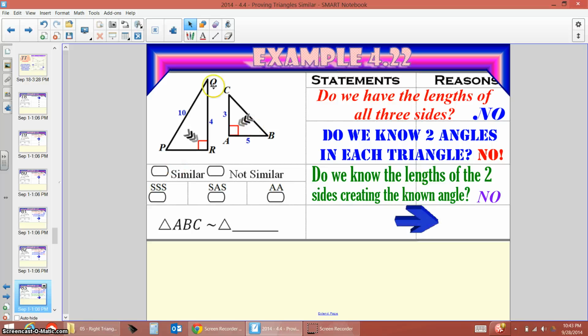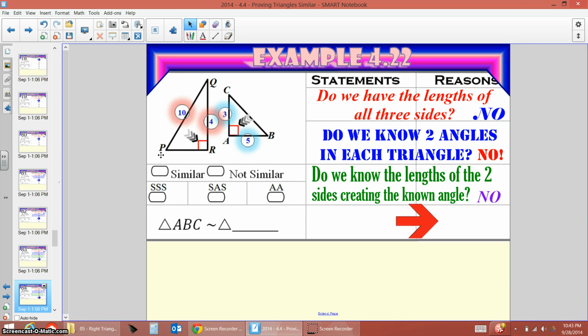So we don't have all three sides, we don't have two angles, and we don't have an angle with both sides of the angle. So if this had like a 10 here or a 9 or something, we could go further, but we can't because there's no value here for PR.